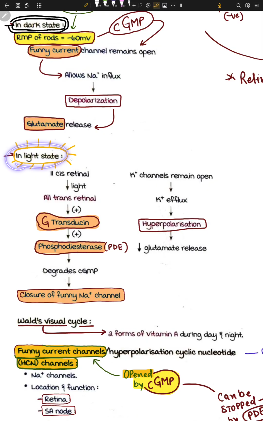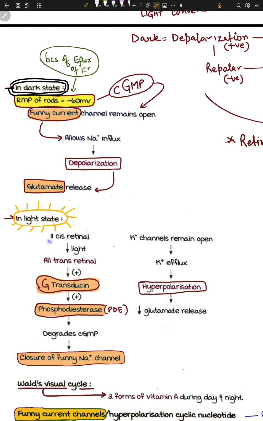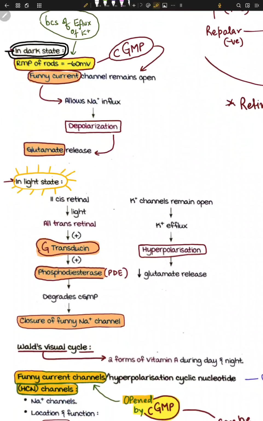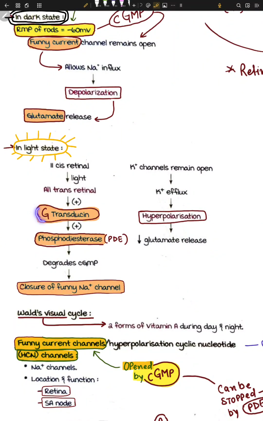Now when you open your eyes in the light, the day has started, sunlight comes, what happens is that this 11-cis retinal receives the light, and this converts into all-trans. We call this the Wald cycle. And then this G transducin, a lot of people just call it transducin.